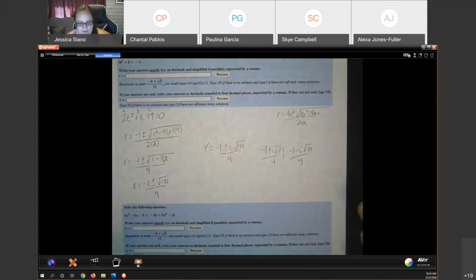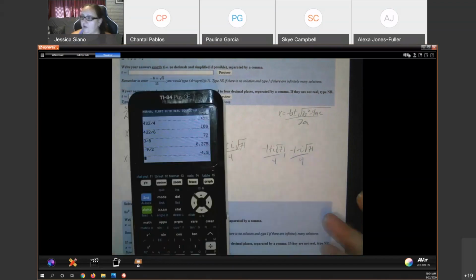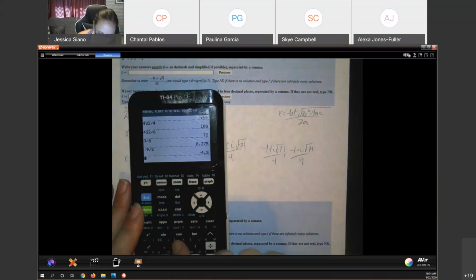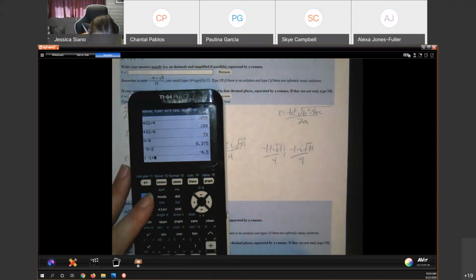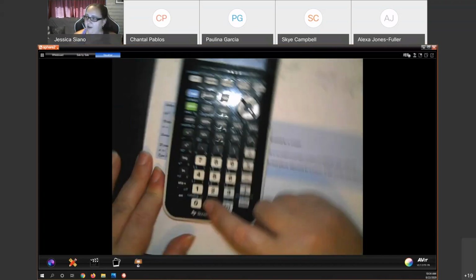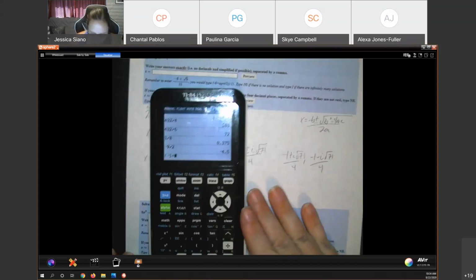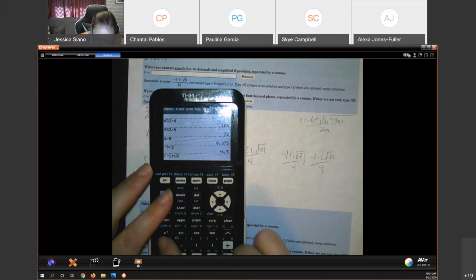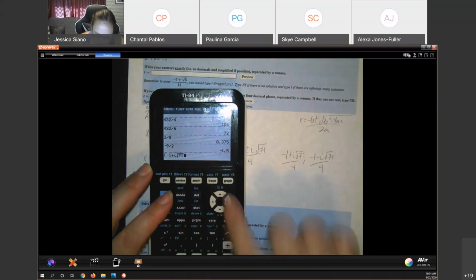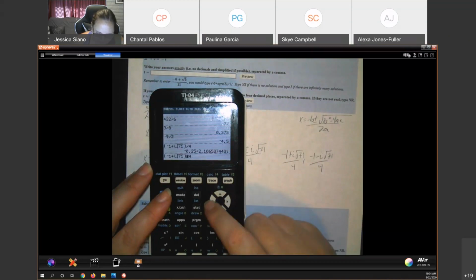Okay? And then we're still going to use the calculator for an approximation. So -1 plus your i is down here. It's second and then your decimal point. So i rad 71 divided by 4 minus i rad 71 divided by 4.